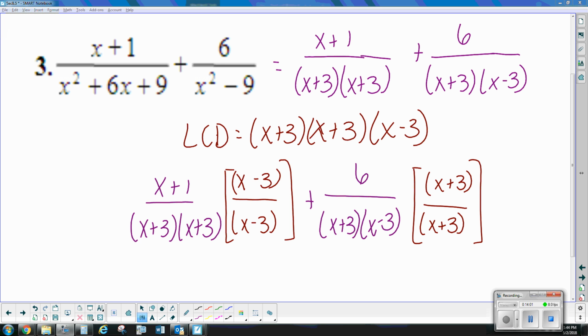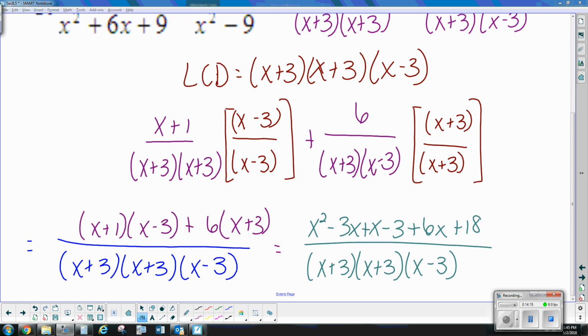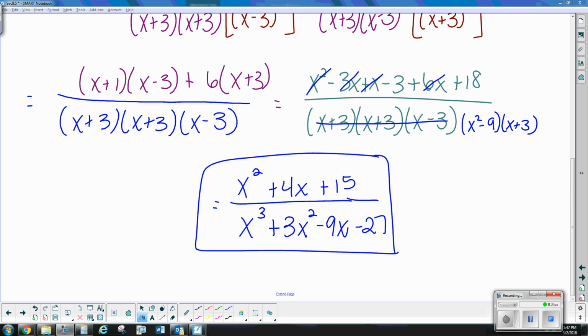So you have to multiply your first fraction by x minus 3 over x minus 3. You have to multiply your second fraction by x plus 3 over x plus 3. Then you have your common denominator, so you can add your numerators. Once you've added your numerators, your last step then is just to simplify, by combining like terms, putting it in standard form, and then putting your denominator also in standard form.